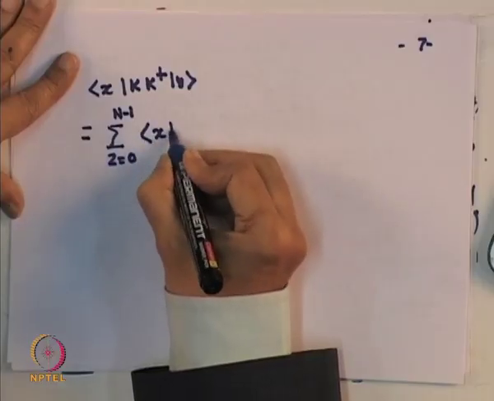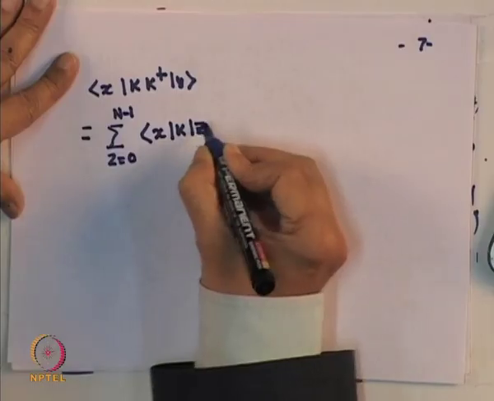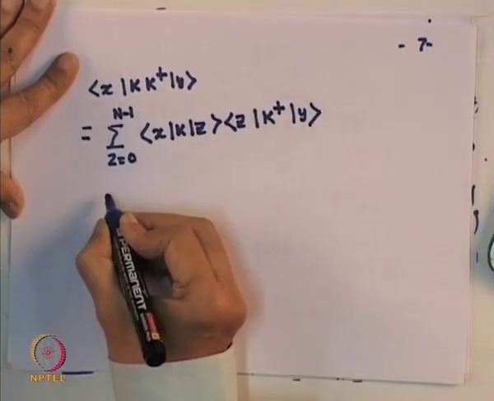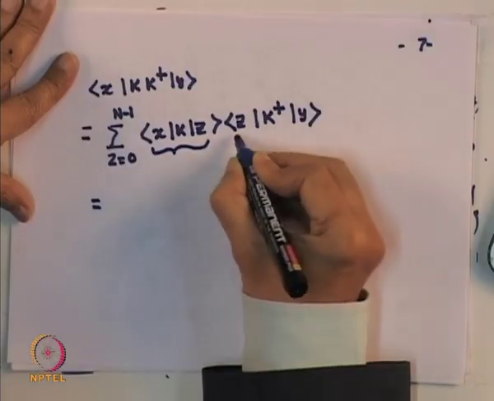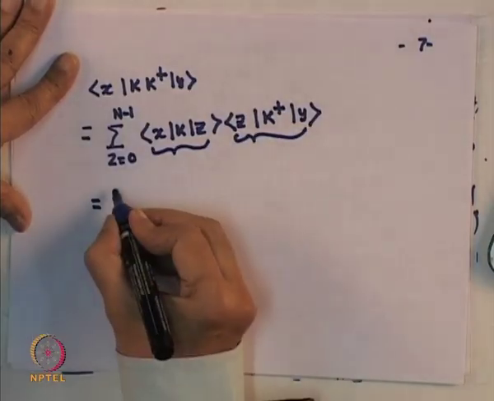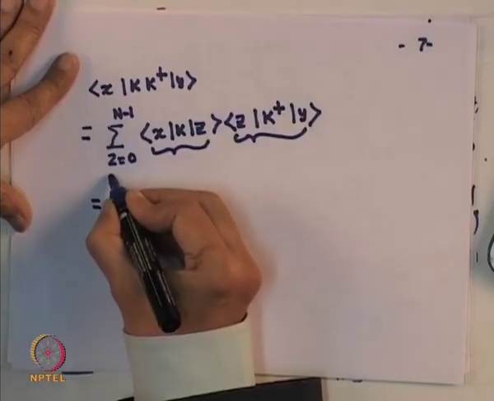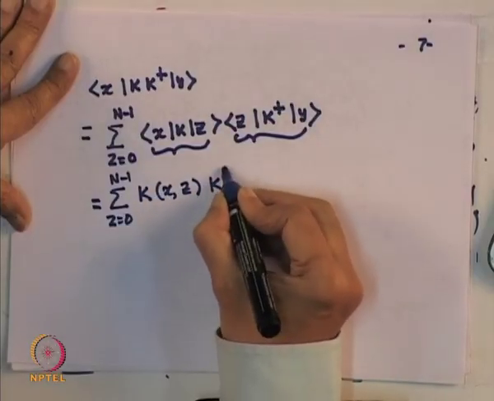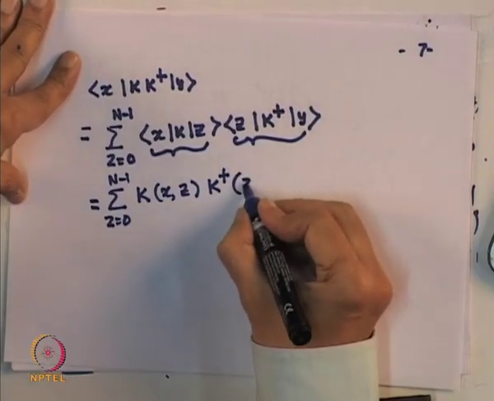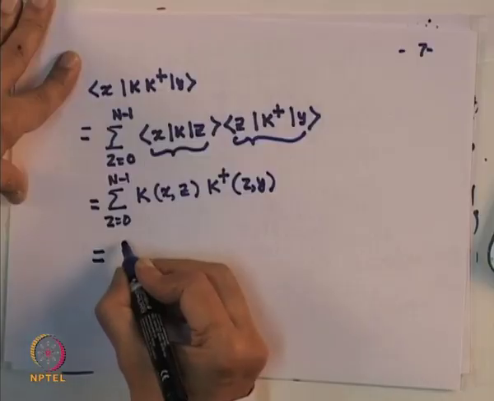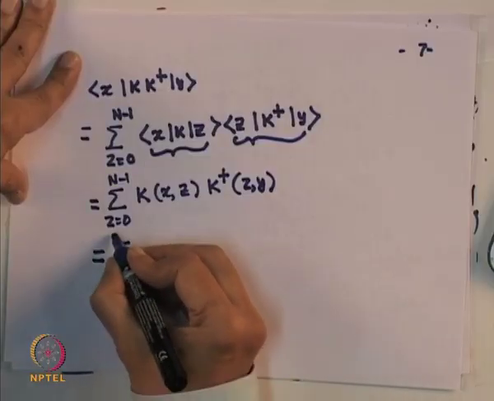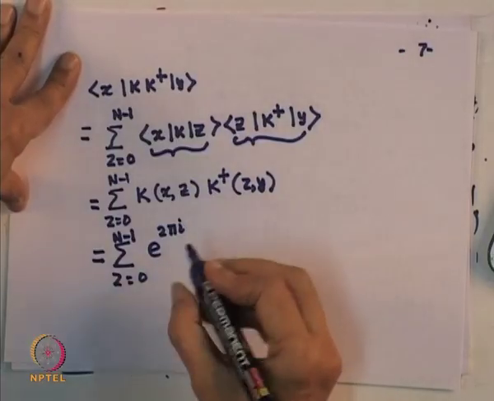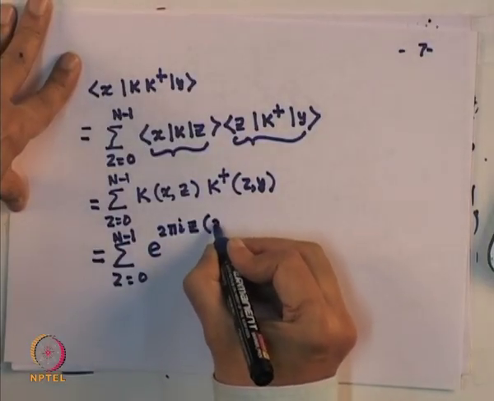I have x, K, z, K dagger, y, and since I know these matrix elements by our definition of Fourier transform, this is sum over z equal to 0 to n minus 1, K_xz, K dagger of zy, and you can immediately write down that this is sum over z equal to 0 to n minus 1 of e to the power 2 pi i z (x minus y).